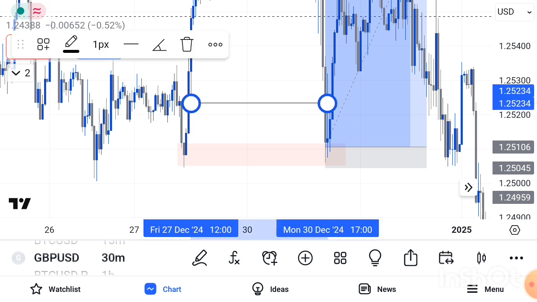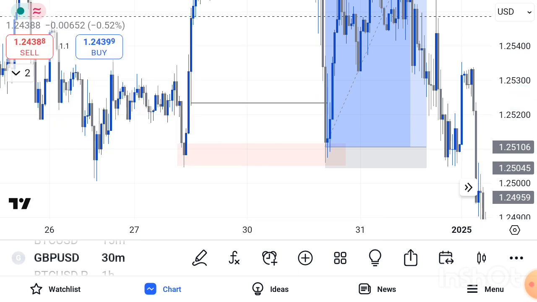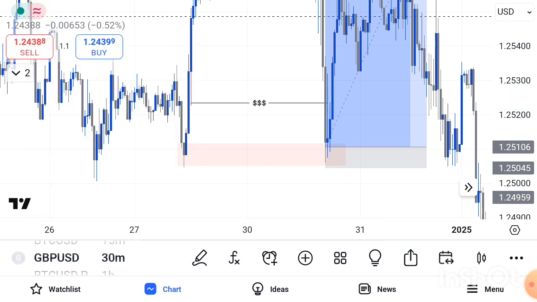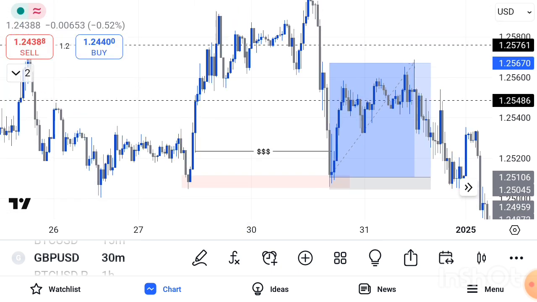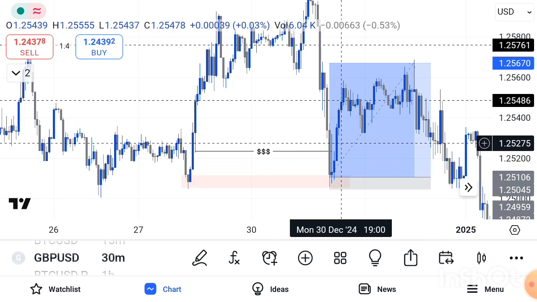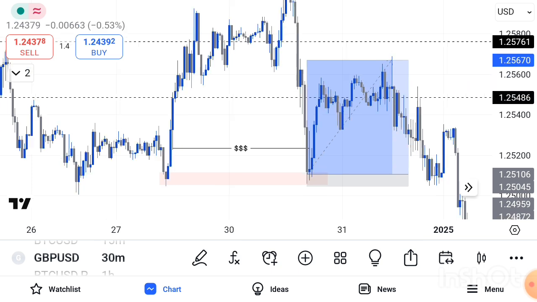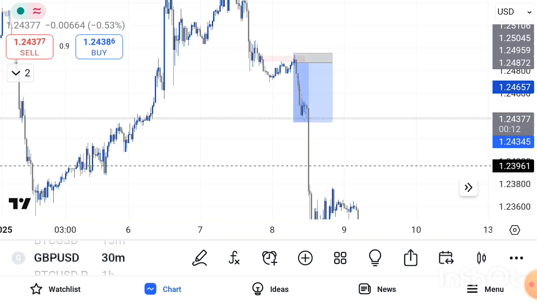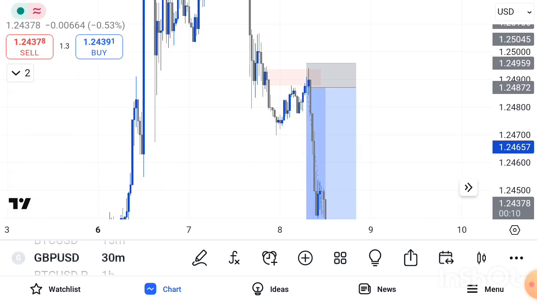It's a point of inducement, and this video is not going to explain it fully, which is why I said watch my other video, where I explained this very well. But you can see there was liquidity protecting this zone, and price swept it, and when price tapped into the zone, price actually gave a nice reaction, strong candles moving in our direction. That shows there is liquidity in the market, and the liquidity is also working for us, right?